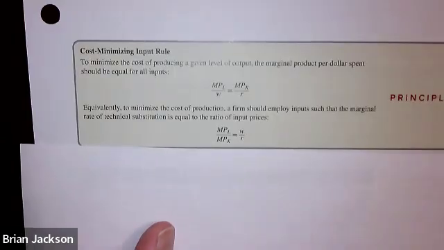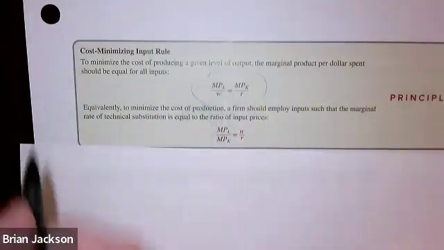Which combination of labor and capital that could produce, say, 100 tractors in a month, would you select? It would be the combination of labor and capital that comes at the lowest cost.